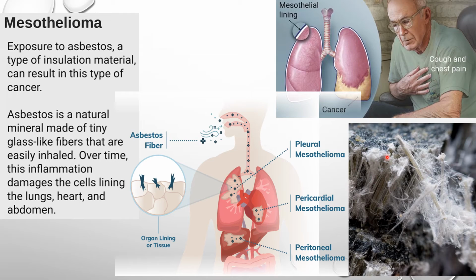But these little fibers, when inhaled, can eventually lead to cancer, and the type of cancer is mesothelioma. And you can see how the asbestos fibers in the pictures lead to different types of mesothelioma, and it also can inflame and damage cells of other tissue in the heart and in the abdomen.